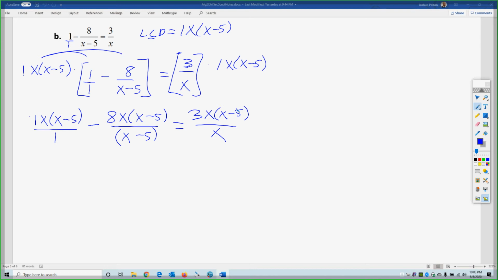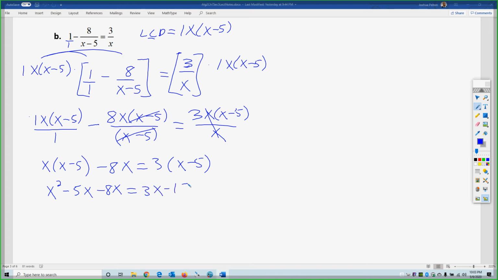Okay, so this just leaves me with x times x minus 5. The x minus 5's cancel, leave me with minus 8x. And the x's cancel, leave me with 3 times x minus 5. All right, we're looking good. So we distribute, we get x squared minus 5x minus 8x equals 3x minus 15.